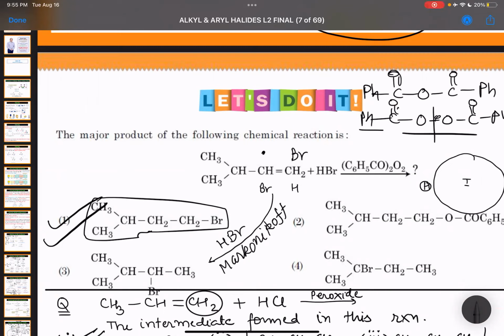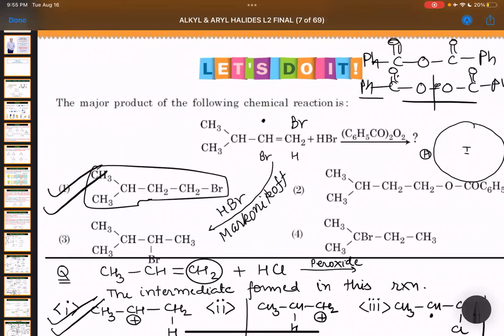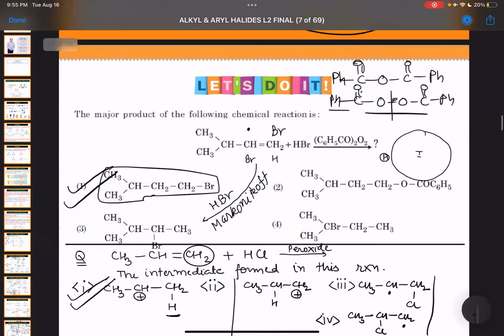On the other hand, HI is cleaved very easily by the peroxide, but the I radical, being very large and very stable, will not go and add to the double bond. So we need to break HI in the way in which we were breaking it earlier: H plus and I minus, and H plus used to go and attack the double bond, and I minus used to go and attach itself to the carbocation. Is it clear?